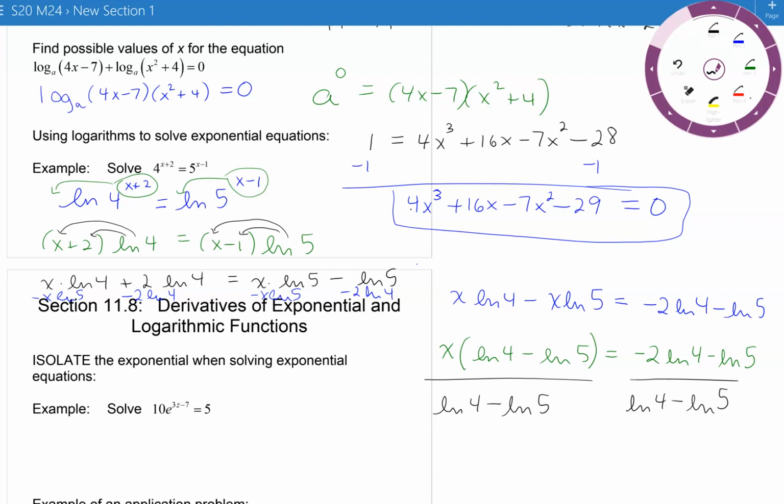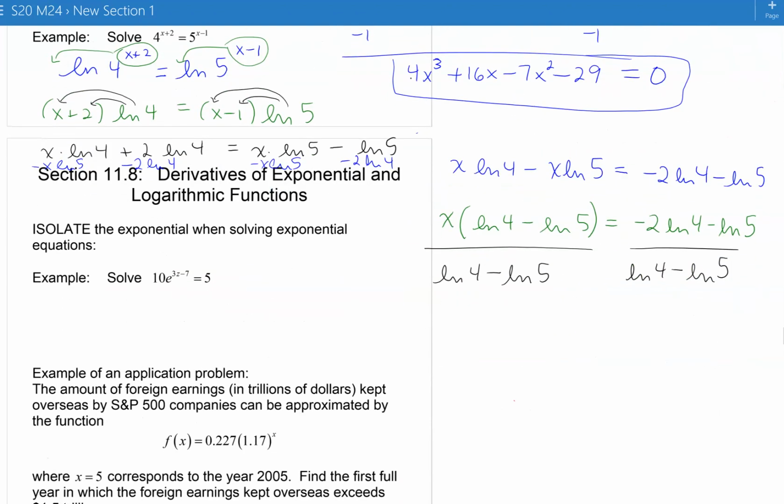And this could be simplified some using properties of logarithms, because I can see that ln of 4 to the negative 2, that could be simplified. And then minus ln of 5, I can put those together and simplify. And then in the denominator, I could have the ln of 4/5.